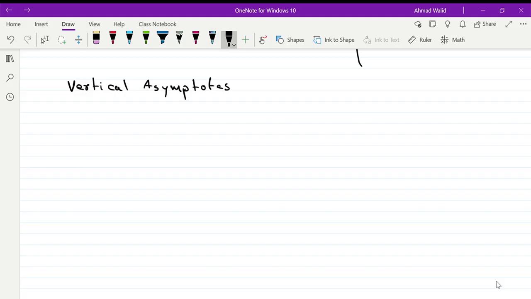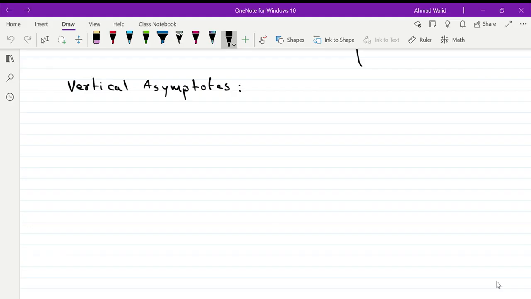Vertical asymptotes of a rational function, of course. The vertical asymptote of a graph of a function is the line that the graph is approaching but never intersects.